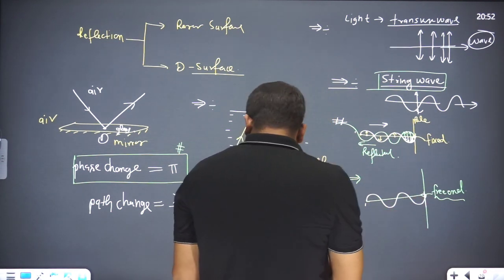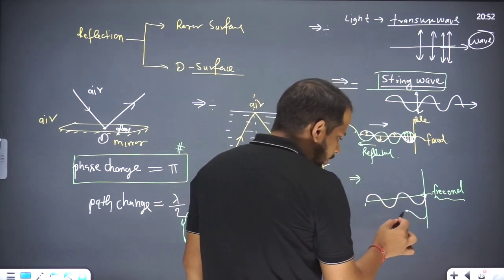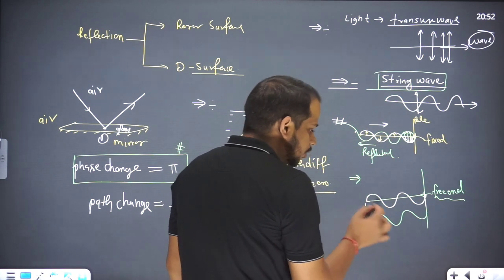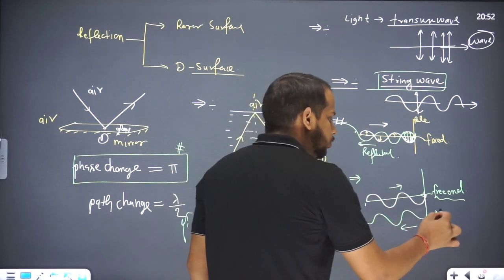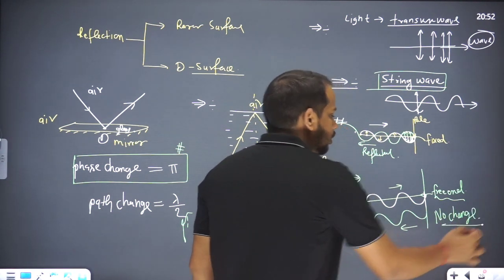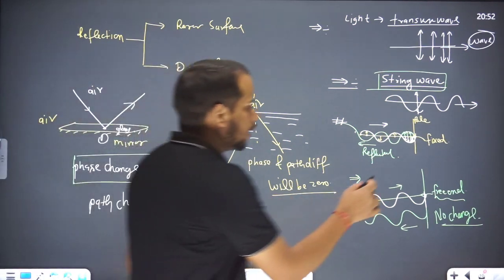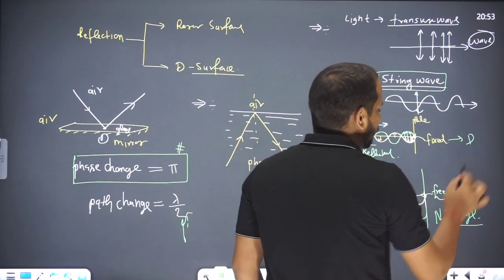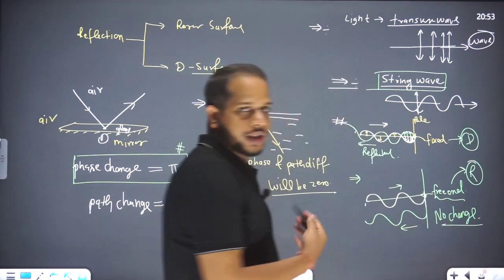So when the wave reflects over here, it will reflect in the same orientation, so there is no change. You can correlate these two things with that: the fixed end will act as a denser surface and the free end will act as a rarer surface, right?